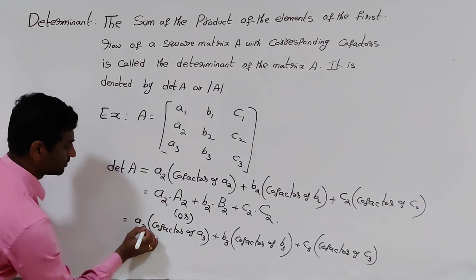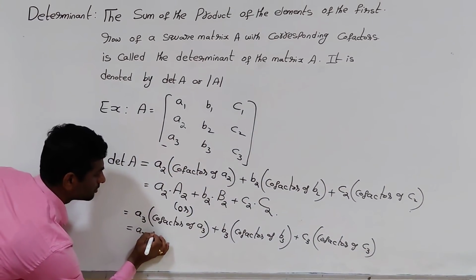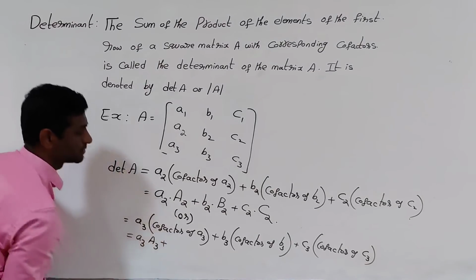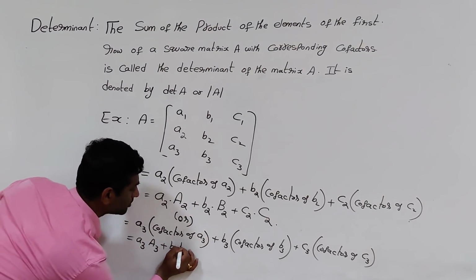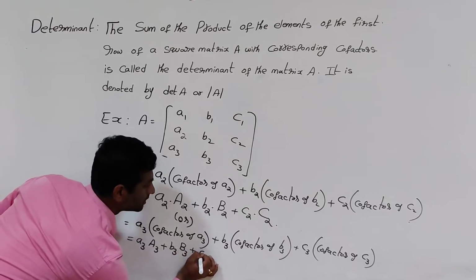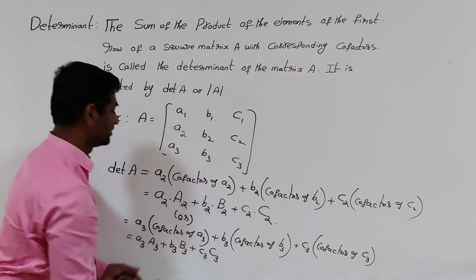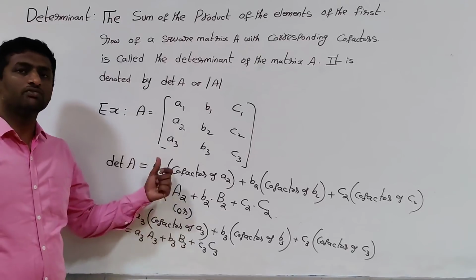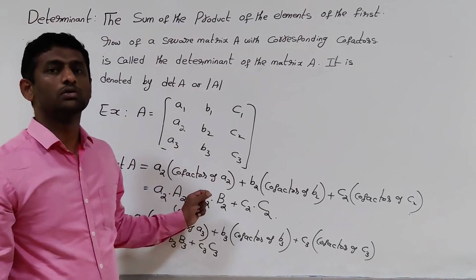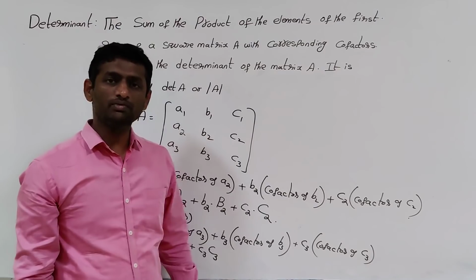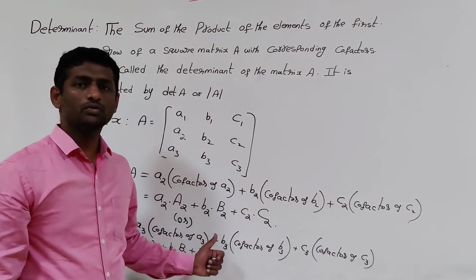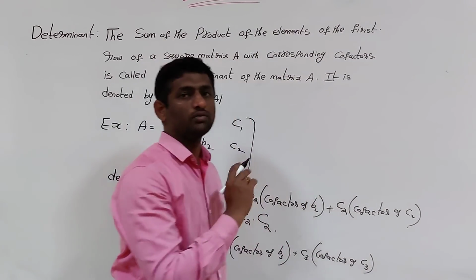That gives A3 into capital A3 plus B3 into capital B3 plus C3 into capital C3. So we can use any one of the rows to find the determinant of the matrix. And not only the row, we can go for the column also.